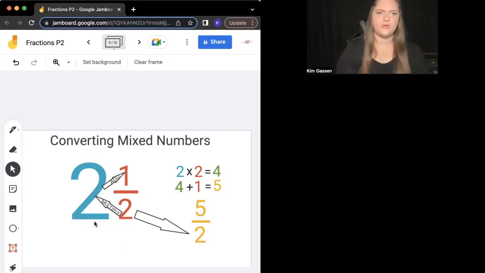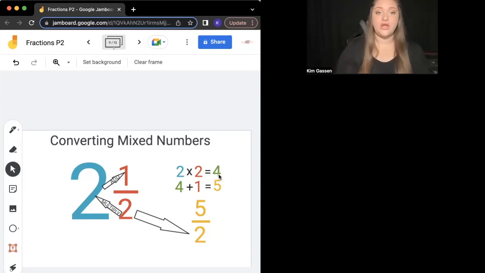Okay, how are we going to do this? First, we are going to multiply our denominator by our whole number. So here, our denominator is 2, and our whole number is 2. So we're going to do 2 times 2, and what does that equal? Correct, that equals 4.